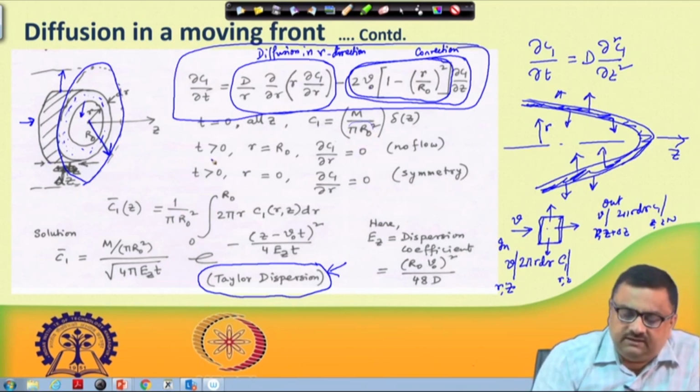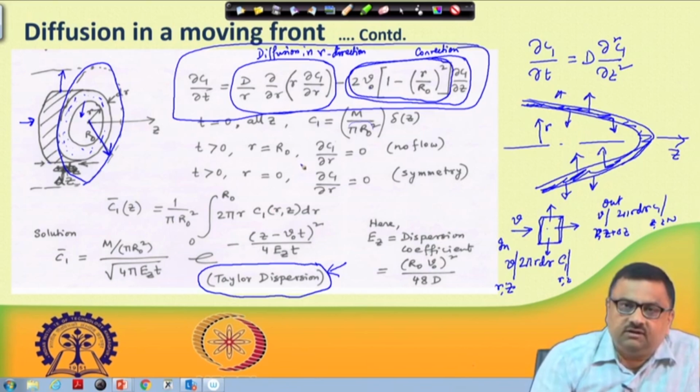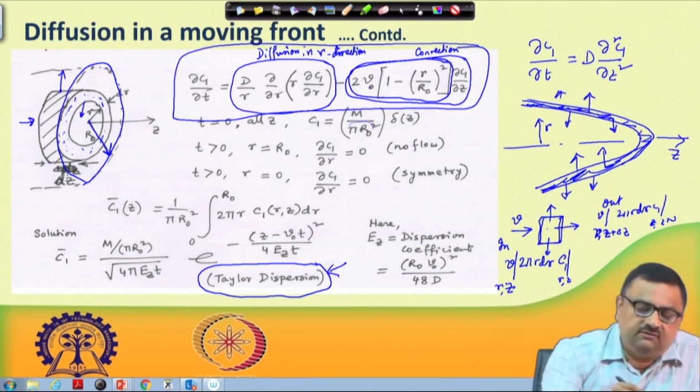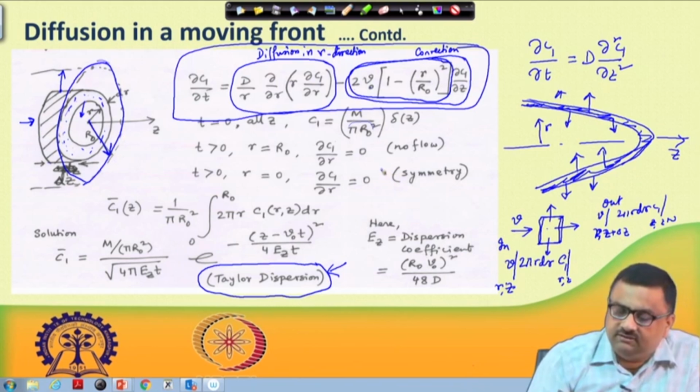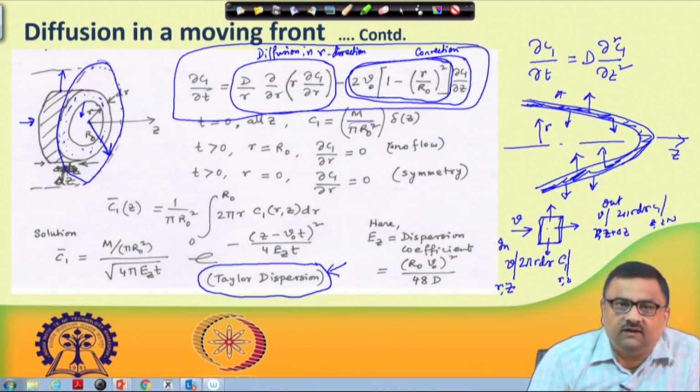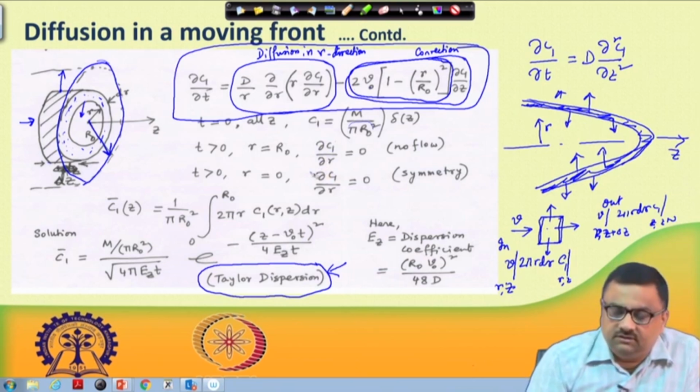And for t greater than 0, there are two conditions one has to satisfy. One is r equal to r0, that means at the wall of this capillary, there is no flow possible. No flux, nothing. So, d del C1 del r equal to 0, no flux.